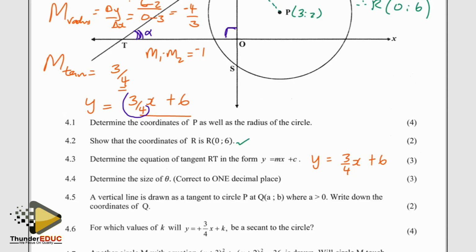So alpha will be the arctan of 3 over 4. Shift tan of 3 over 4 gives me 36,87.